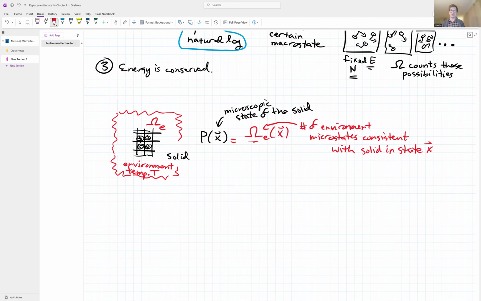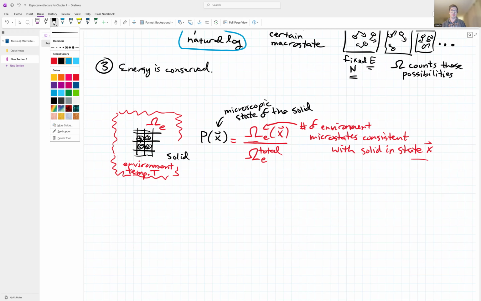And then, of course, you have to divide by something. Each of the environment microstates consistent with that solid being in state X is equally likely. But we divide by the total number of possibilities for the environment. So this is the total. That means this probability distribution is properly normalized, meaning that all the probabilities sum to 1.